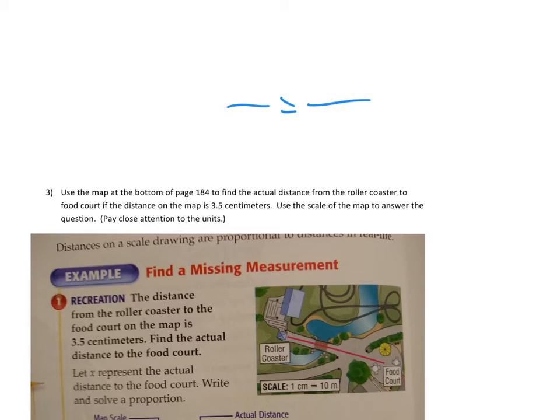One of them is going to be centimeters on the map, and the other one is going to be actual meters in real life. So we could call this the map, and we could call this the real distance. We could have put those horizontally instead of vertically, but I just set them up as the vertical ones.